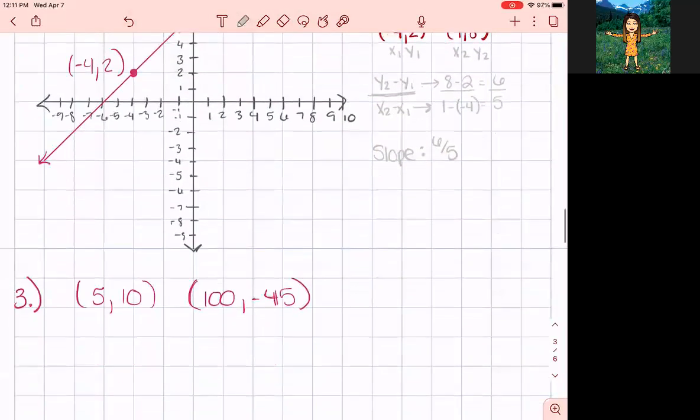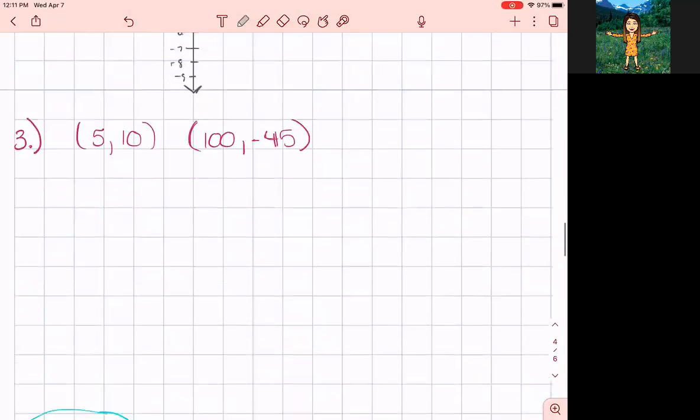Okay, now try one without the picture, just coordinate pairs. So you're going to go in and label it x1, y1, x2, y2. Then we're going to set up y2 minus y1 over x2 minus x1.